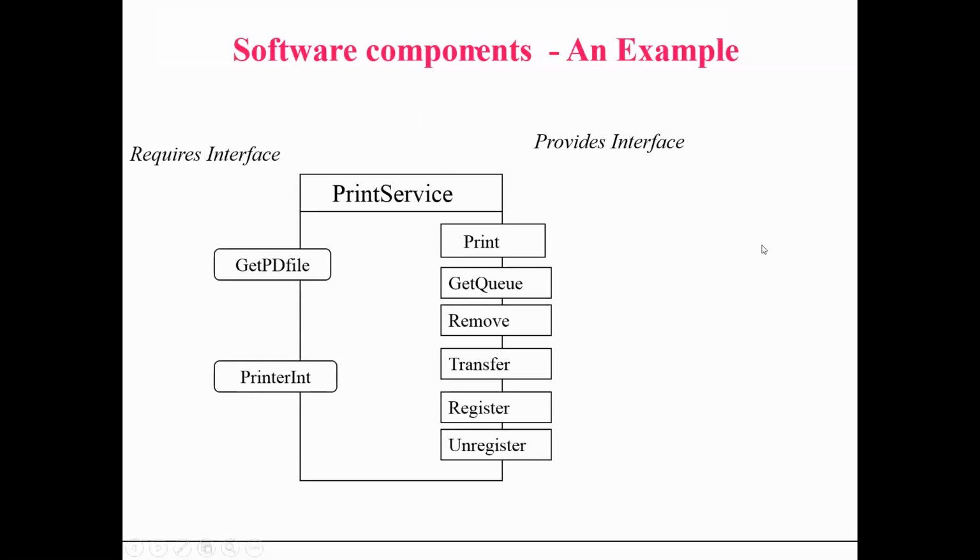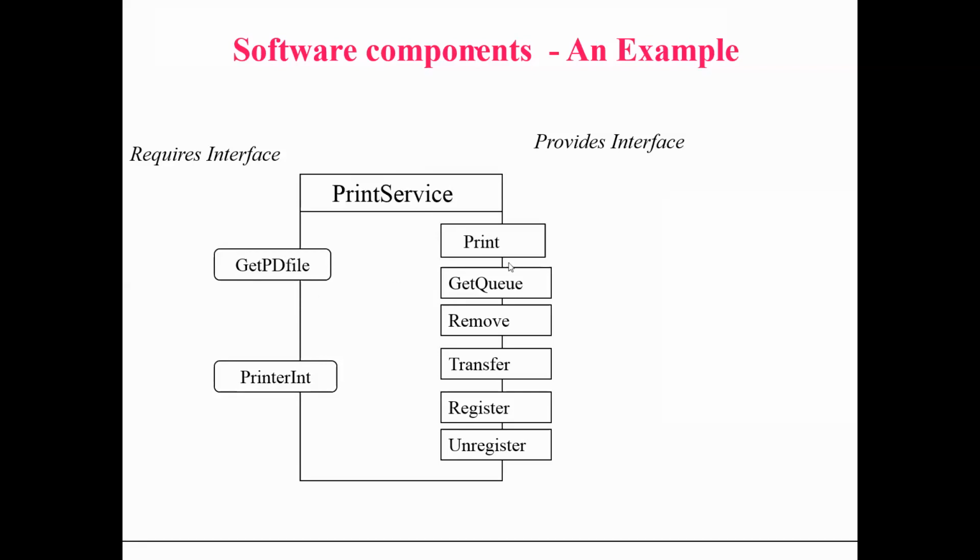Okay, in here, this is an example. This is a print service. Can you tell me what are the reusable components here? What are the reusable components? Yes?